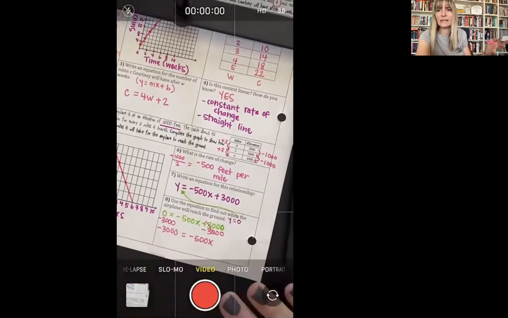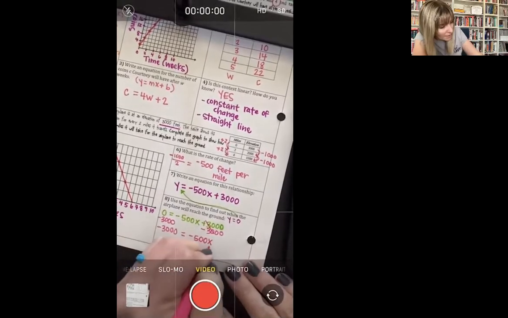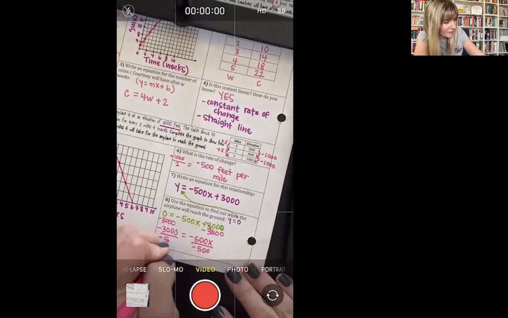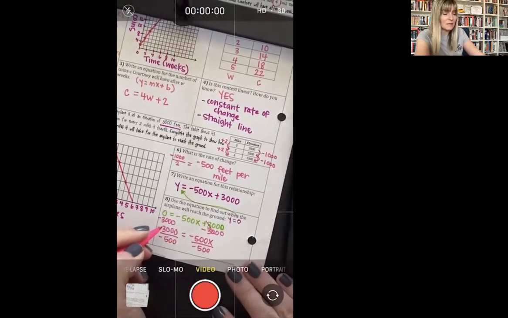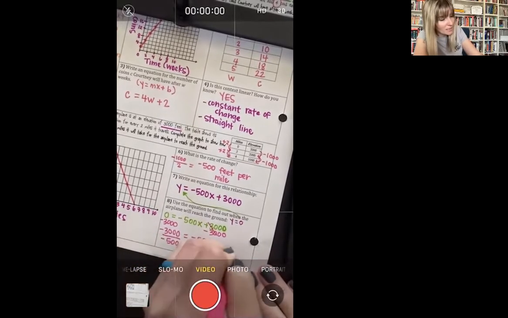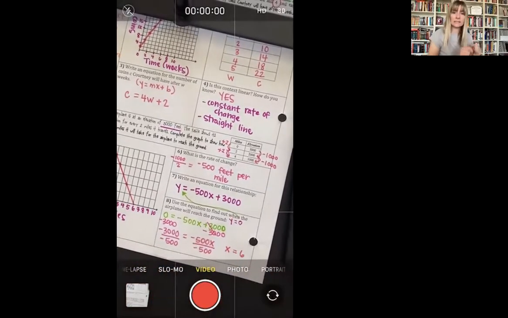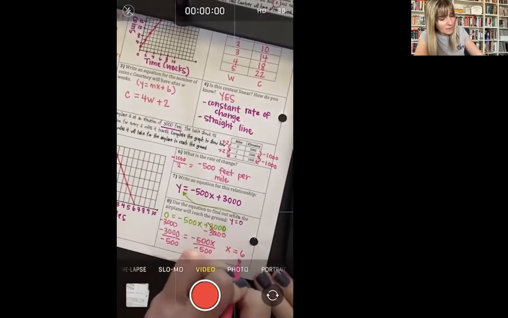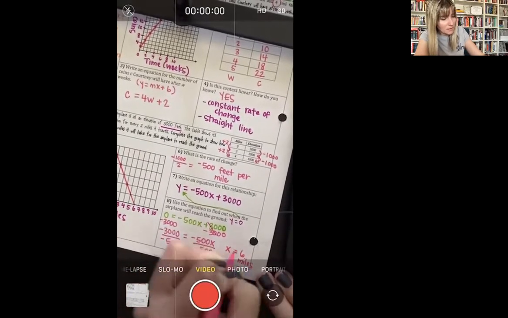We're like, why do we have all these negatives? Because it's all going to work out right here, because now I'm going to divide by negative 500, divide by negative 500, and negative 3,000 divided by negative 500 is positive 6. Now, what does that mean? The plane will reach the ground after 6 miles.